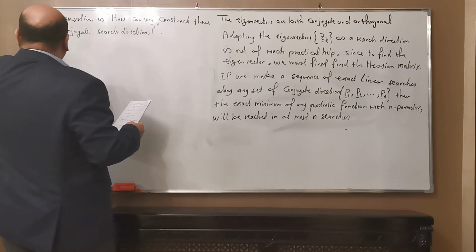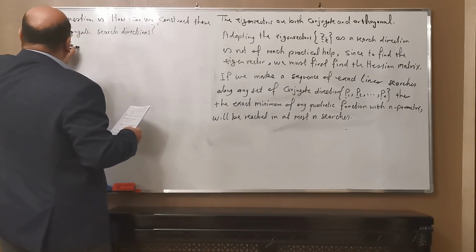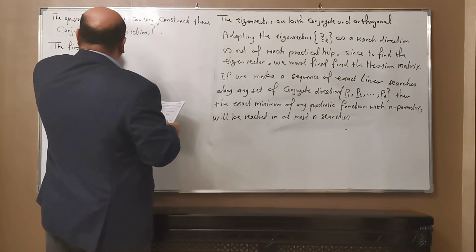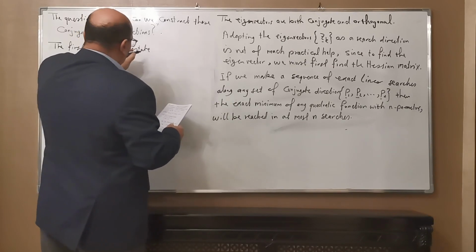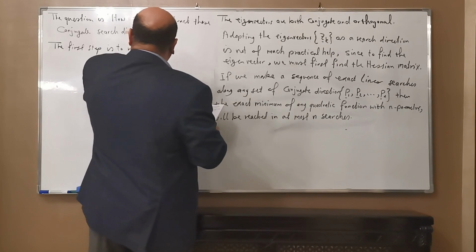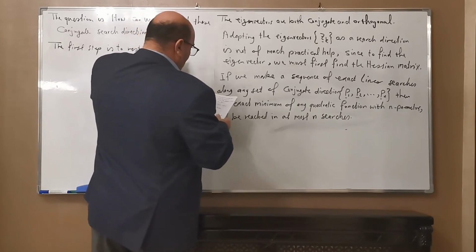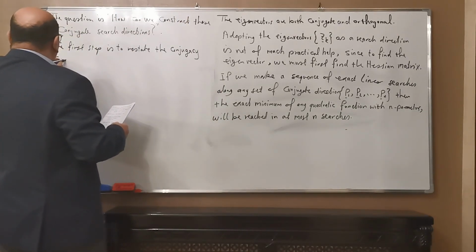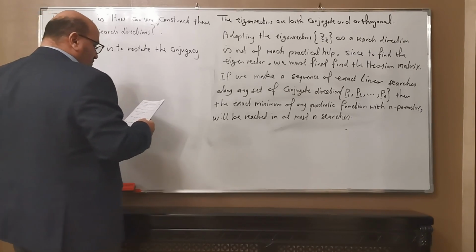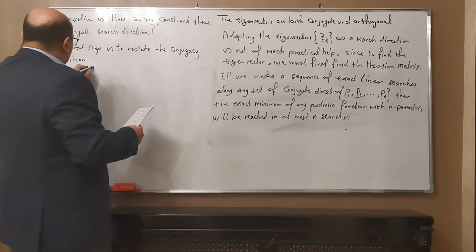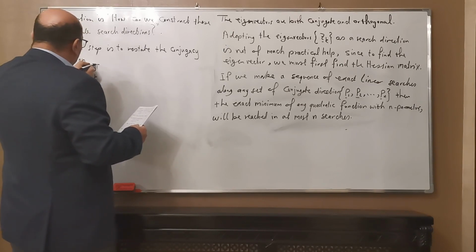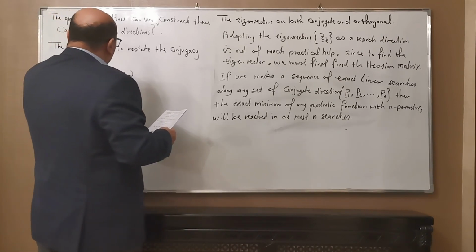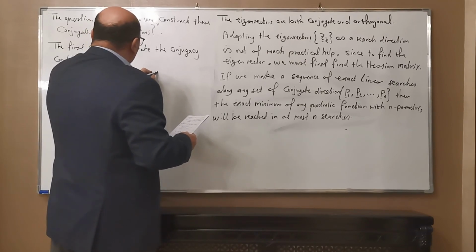Okay, the first step is to restate the conjugacy condition, which states that P sub k transpose times A P sub j equals 0 for k not equal to j.